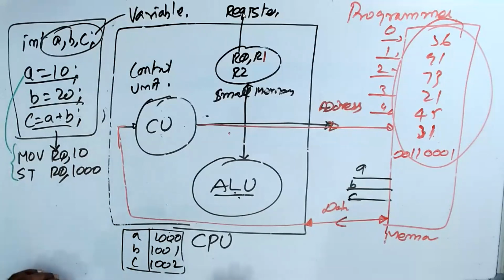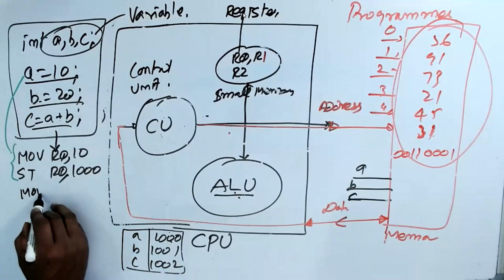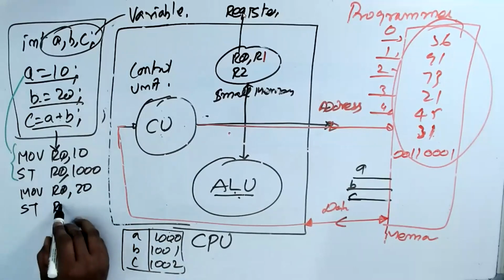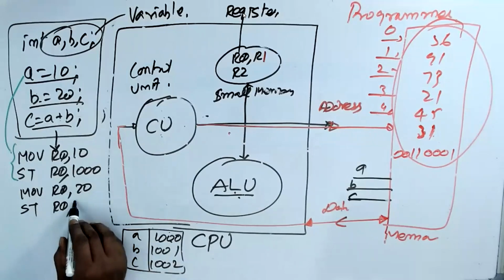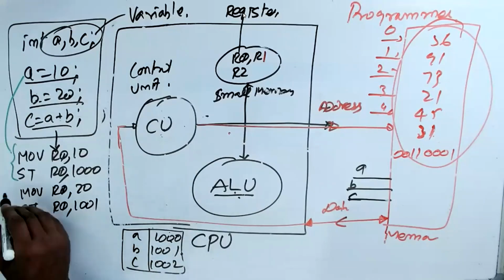Same way, the next line, B is equal to 20: move R0, 20, store R0, 1001, because 1001 is B. This is what your software compiler does exactly.